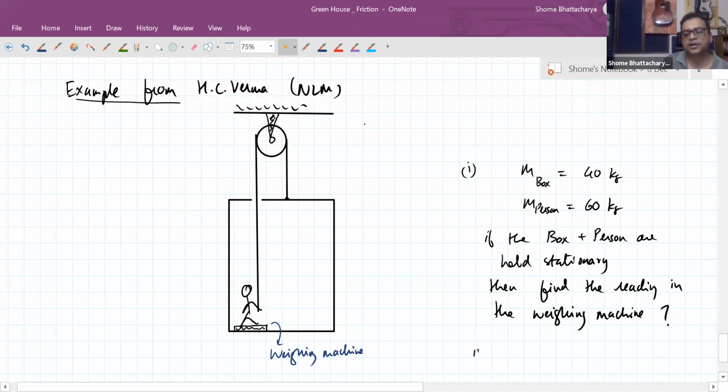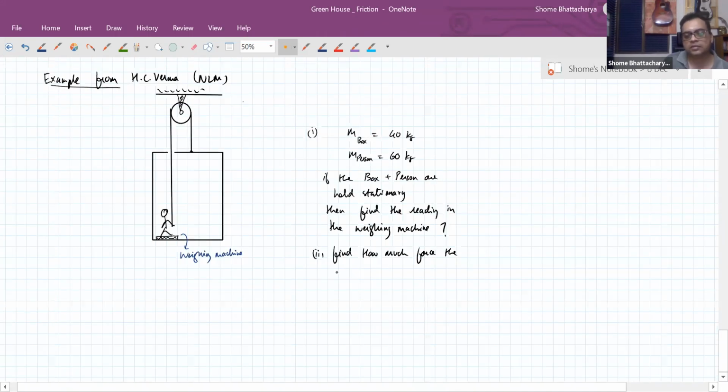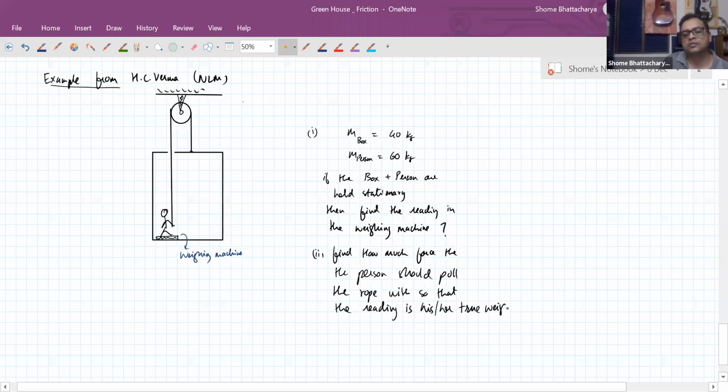And in the second part, find how much force the person should pull the rope with so that the weighing machine shows the true weight. Okay. It shows 60 g weight.